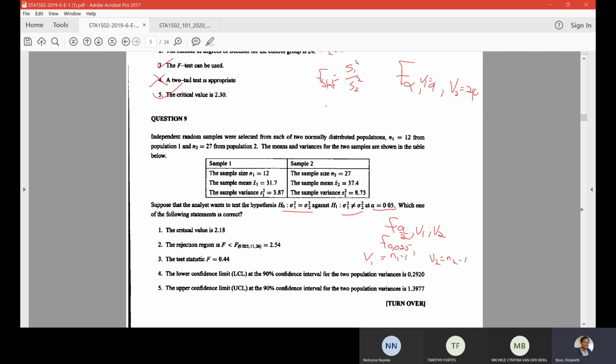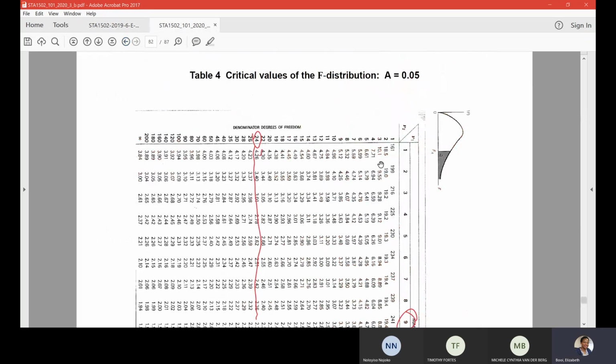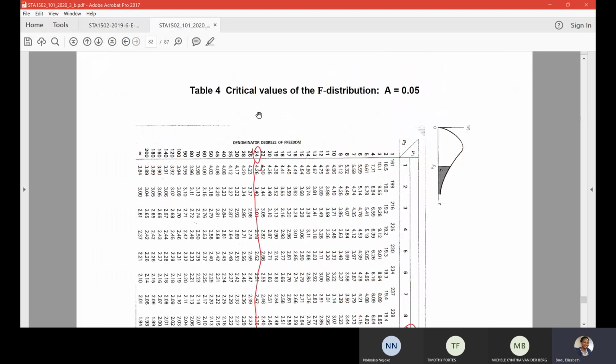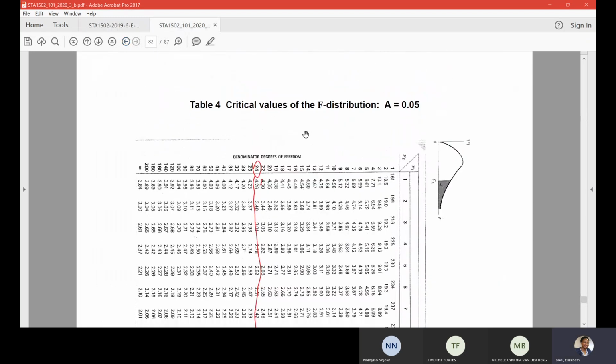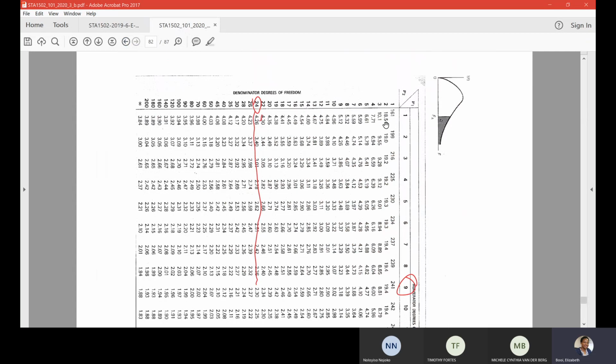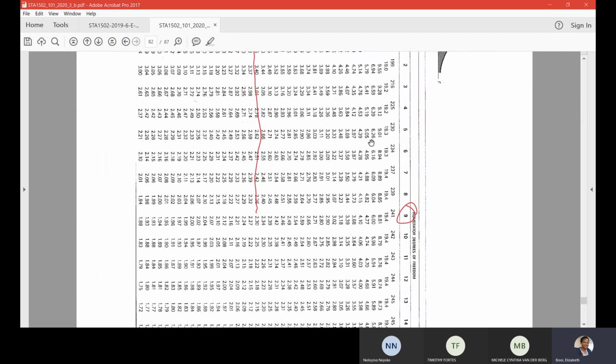And the degrees of freedom of N1, 12 minus 1, which is 11, and N2, which is 27 minus 1, which will be 26. So you go look for F 0.025. Now this is 0.05, so we need to look for the one that says 0.025.